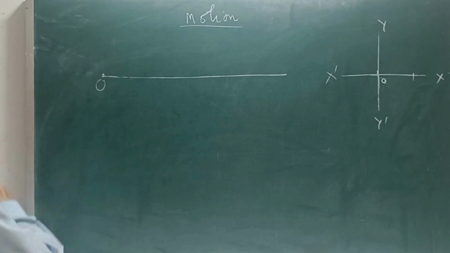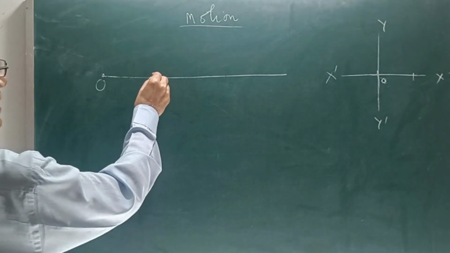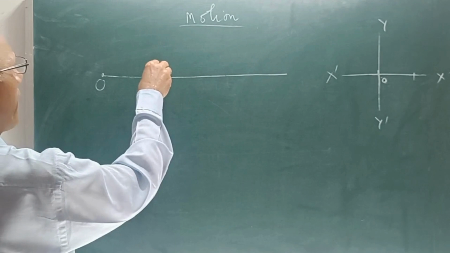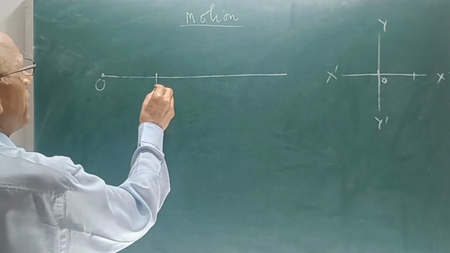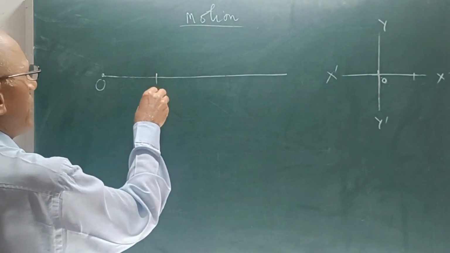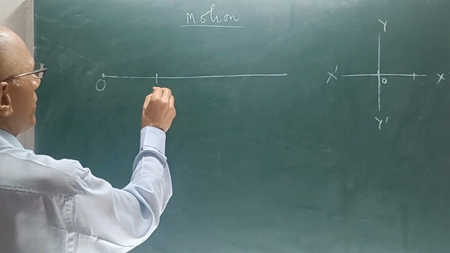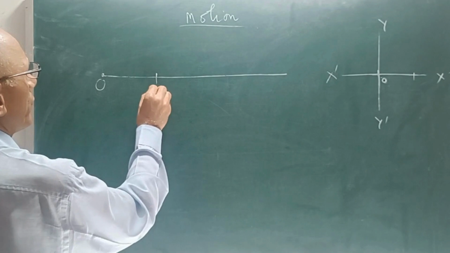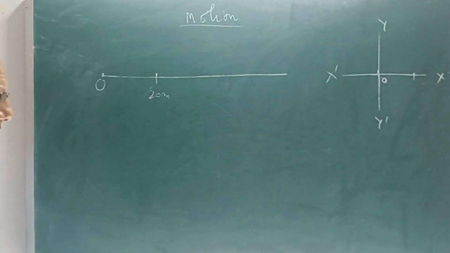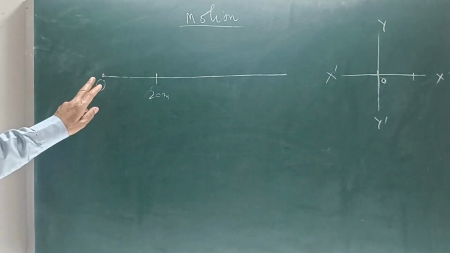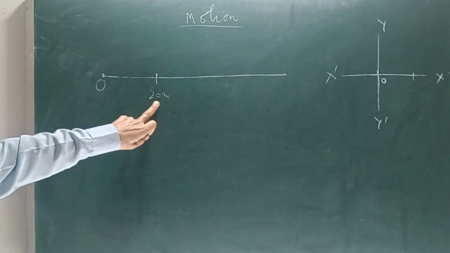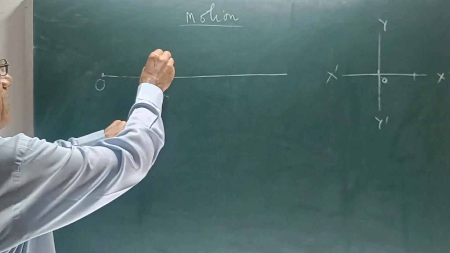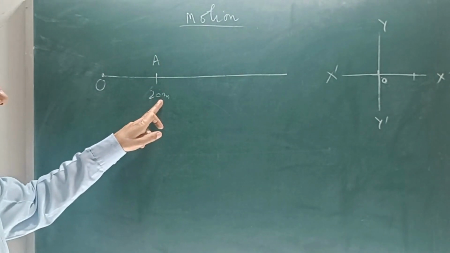So that is the origin. In 5 minutes, you are moving 20 meters. Suppose you are walking and in 5 minutes you are at A, at 20 meter.